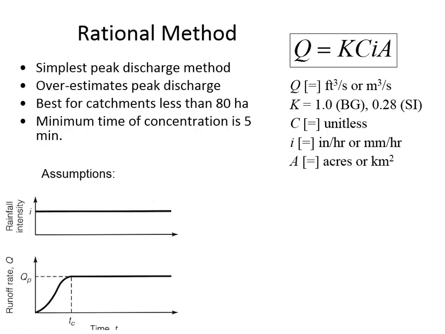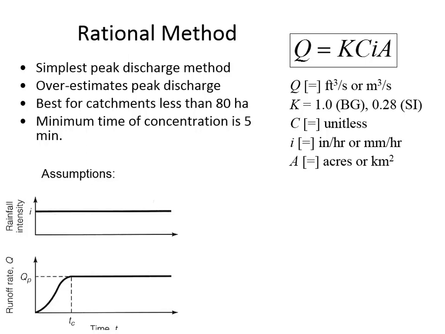All right. We'll get into more about that in just a minute, but here's an assumption that's built into the rational method. Like I mentioned just a moment ago, the rational method assumes that the rainfall intensity during a storm is constant. But in reality, what storms usually do is they start off slow, they work to a peak, and then they taper off again.